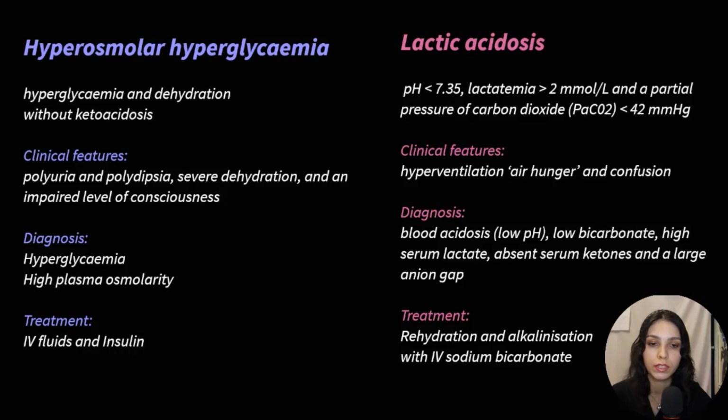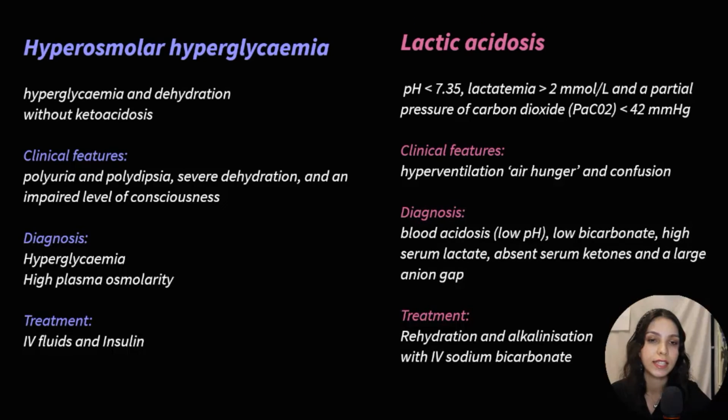Coma is usually associated with an osmolarity greater than 404 millimole per liter. For this condition, respiration is usually normal. For diagnosis, you can find hyperglycemia and high plasma osmolarity. Treatment is IV fluids and insulin.